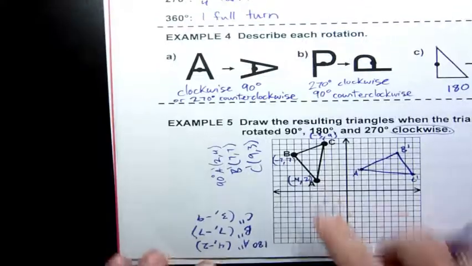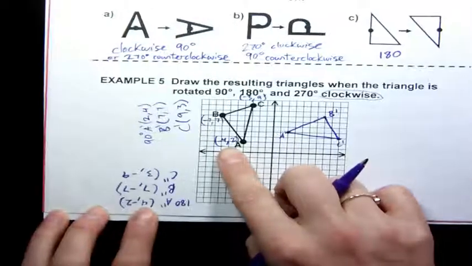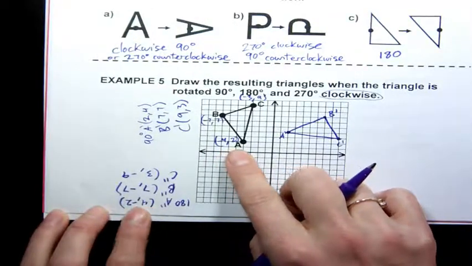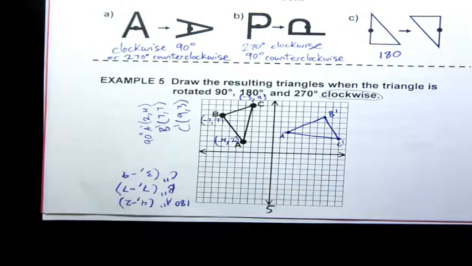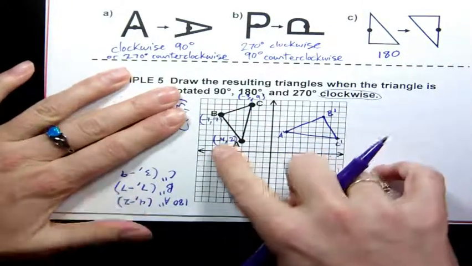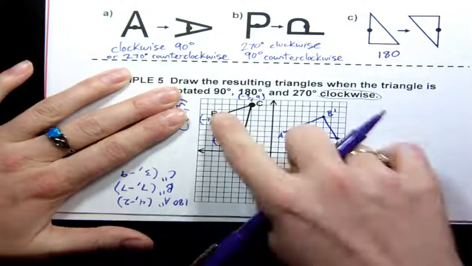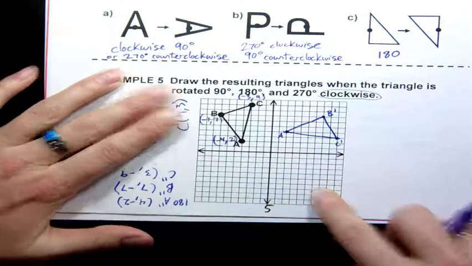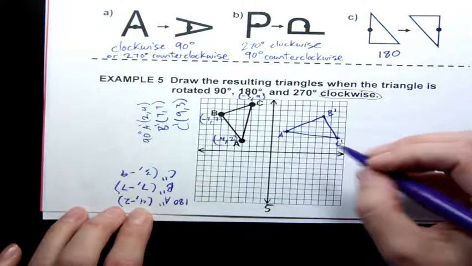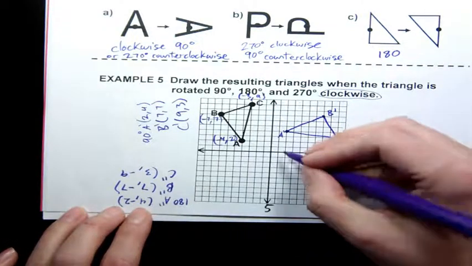Did anyone notice, and I know we have them upside down, what changed between my numbers to go 180 degrees? Yeah, they switched. Did they switch places, or did they just change signs? Well, but from here it did. But from my original one, so like -4 and 2 became 4 and 2. So when we do 180 degrees from the original, all that changes is the sign. When we do 90 degrees, they flip places and signs.